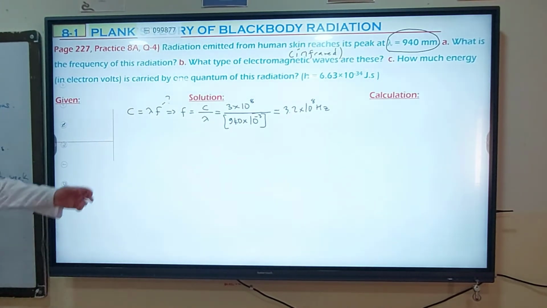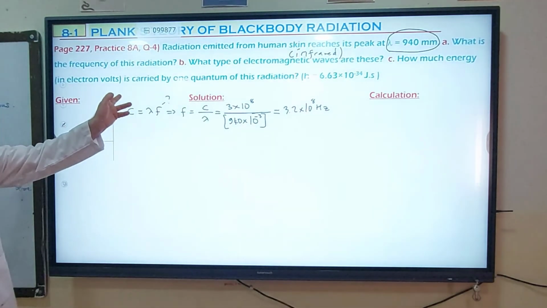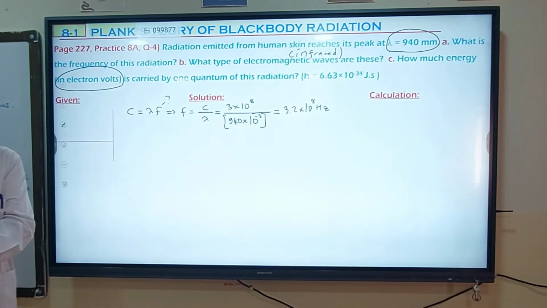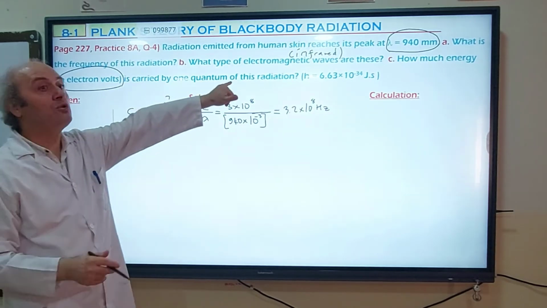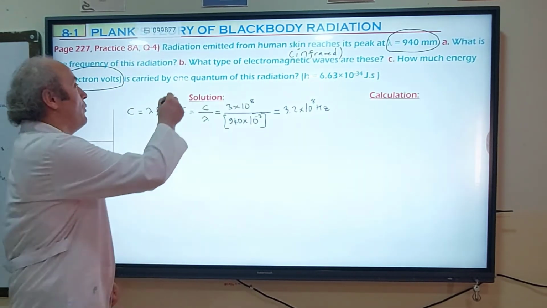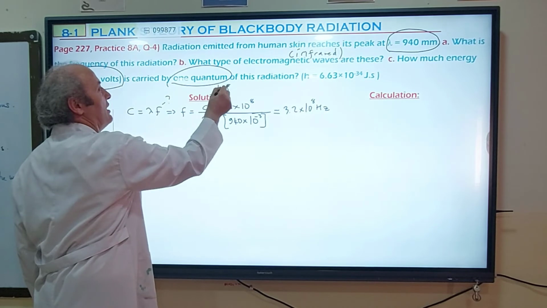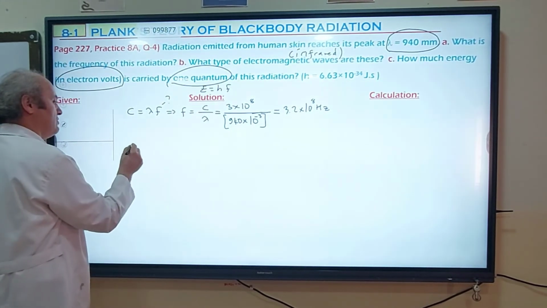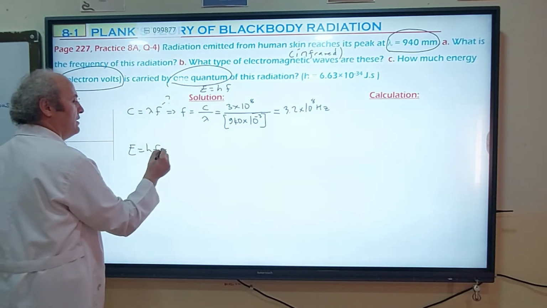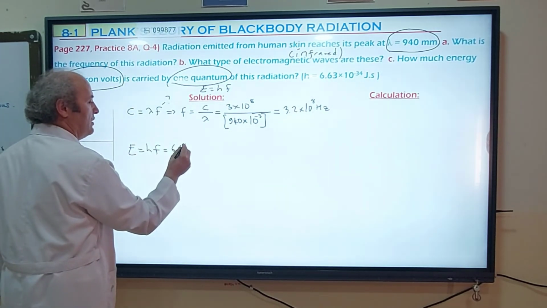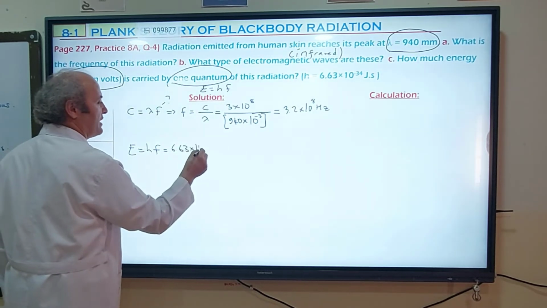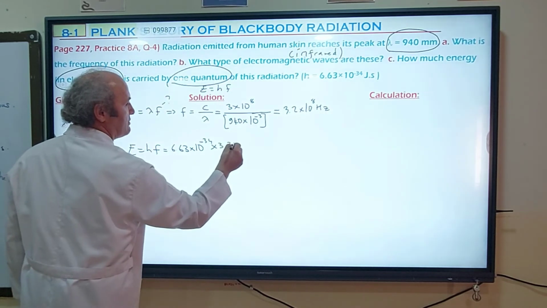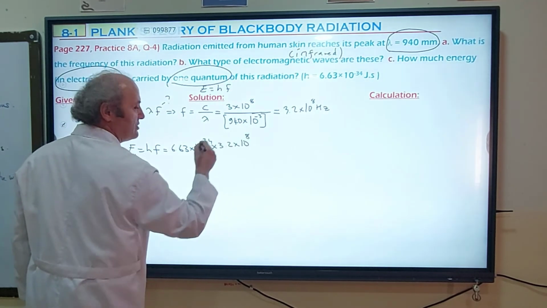And how much energy? This time energy will be calculated in electron volts. At first you should calculate it in joule, then convert it. Carried by one quantum: one quantum is h times f, so E is equal to hf. 6.63 times 10 to the power of negative 34 is h. f we calculated as 3.2 times 10 to the power of 8.